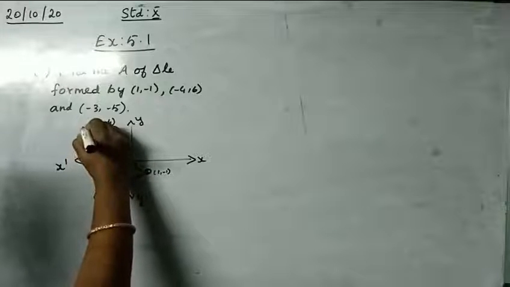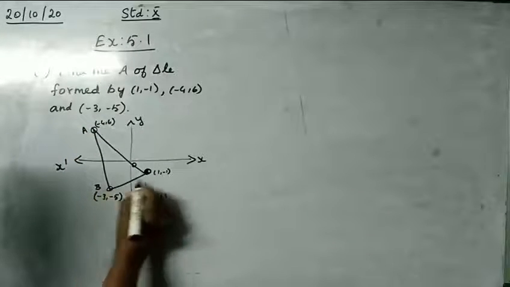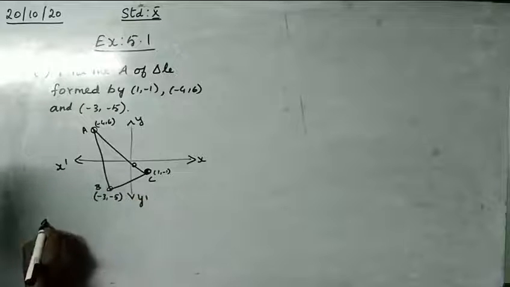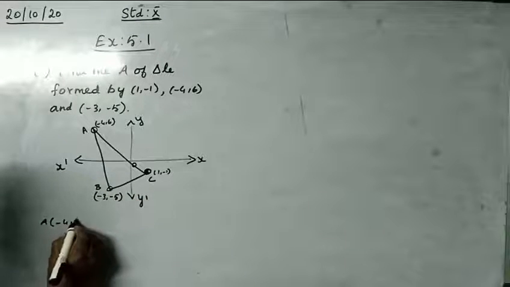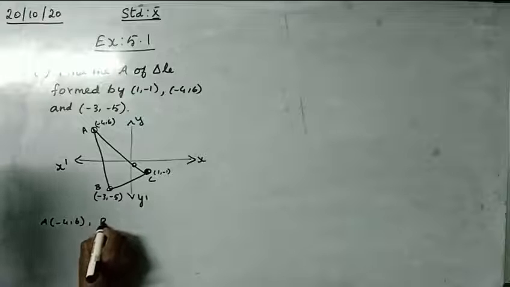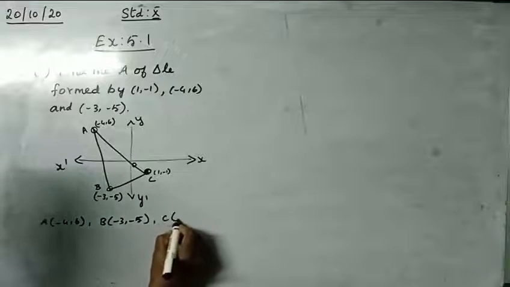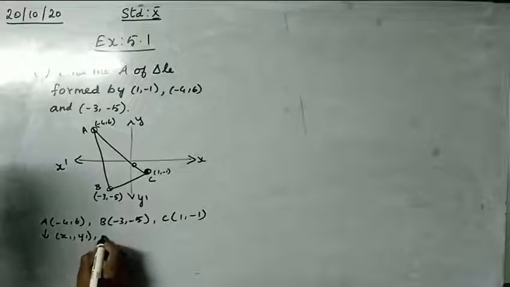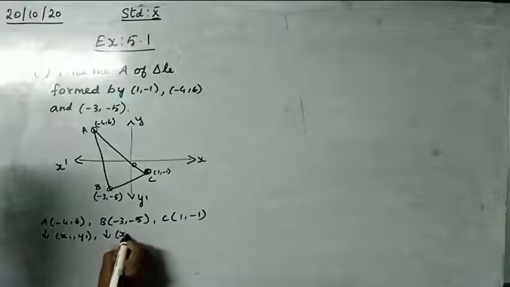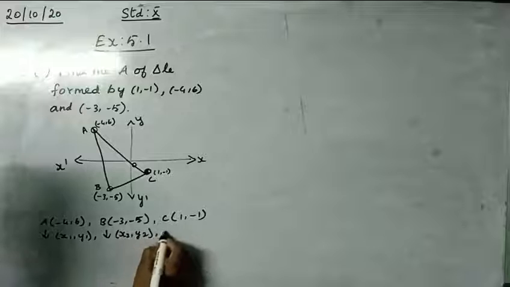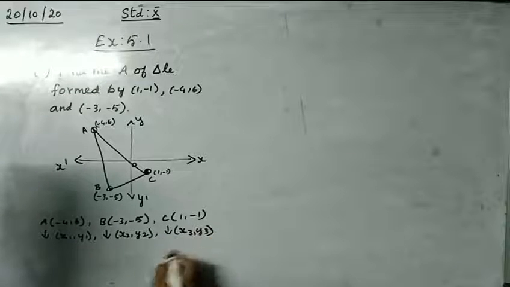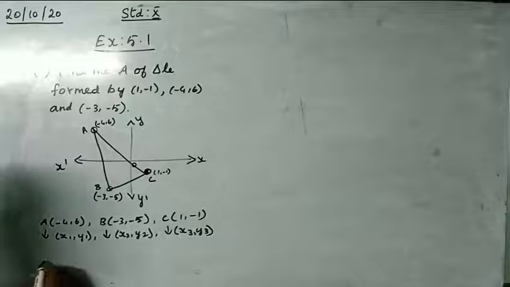Take this point as A, this as B and this as C. A is (-4, 6), B is (-3, -5) and C is (1, -1). Now take these as (x1, y1), (x2, y2) and (x3, y3). Now find the area of the triangle.